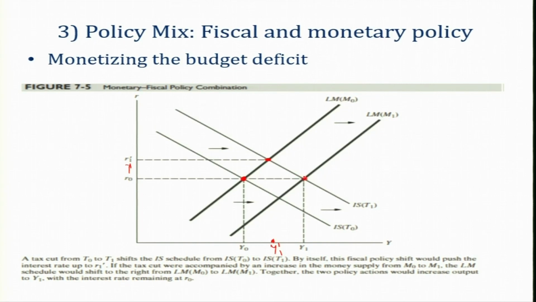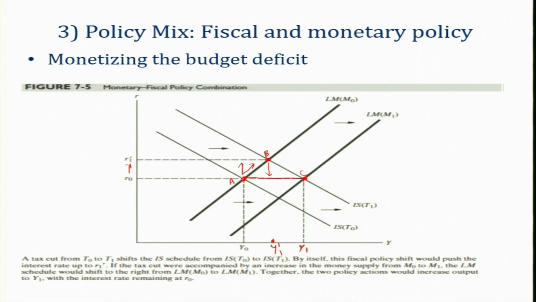When the LM curve shifts rightwards, the rate of interest will come down. Initially the rate of interest increased, and its impact is neutralized by the increase in money supply. So in order to overcome the crowding out effect, if there is an equivalent increase in money supply, then our output is going to increase to Y1. So this is the initial equilibrium position A, then B and finally C.